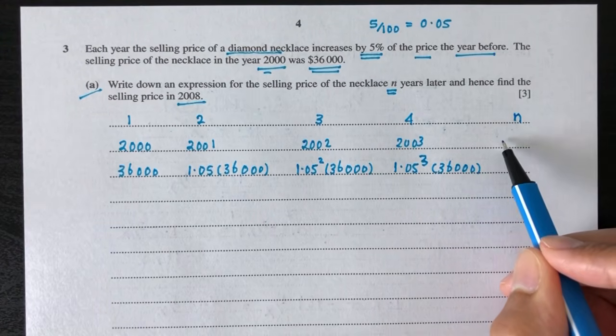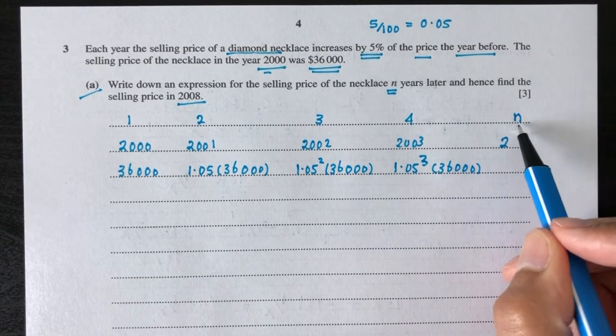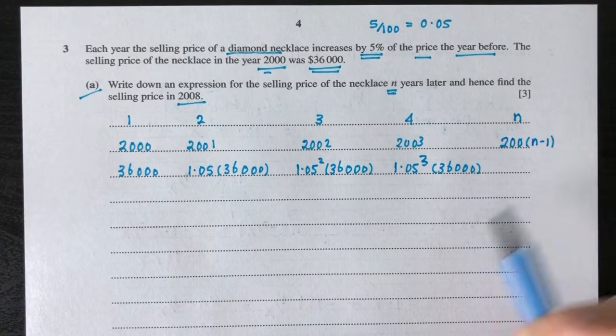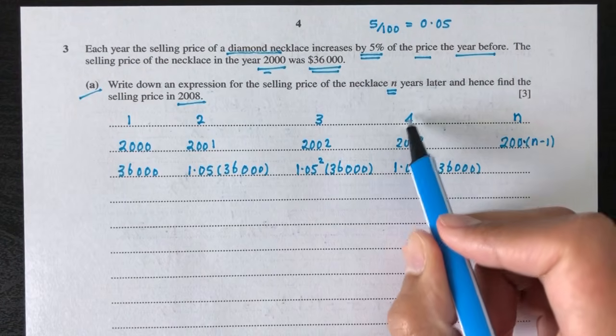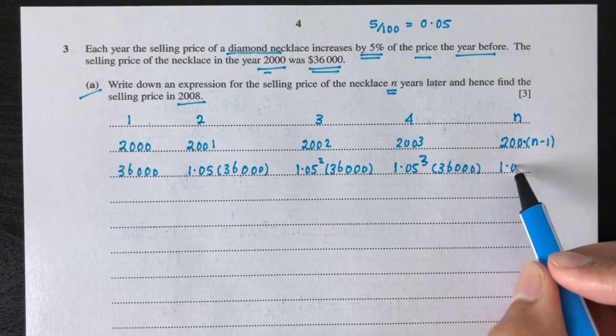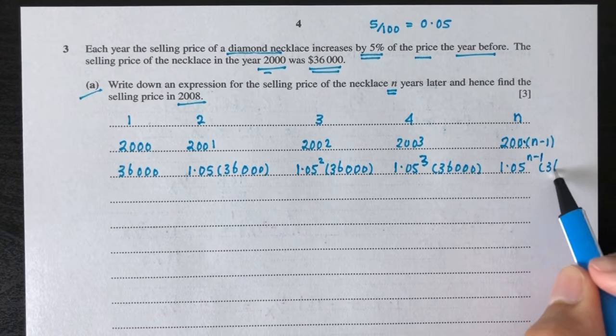So what if this was the nth term? It will be the year 2000, and the power on the last term will be n minus 1. So 4 minus 1 is 3, n minus 1. So this will be 1.05 to the power n minus 1 times the price.